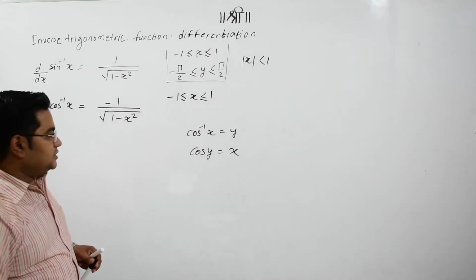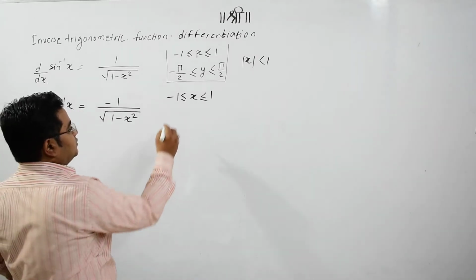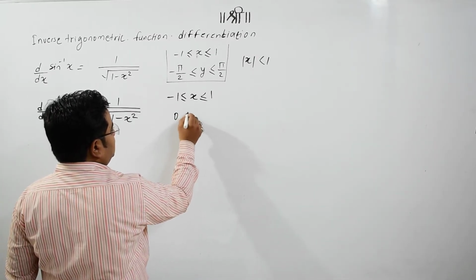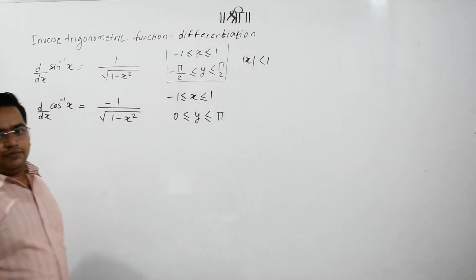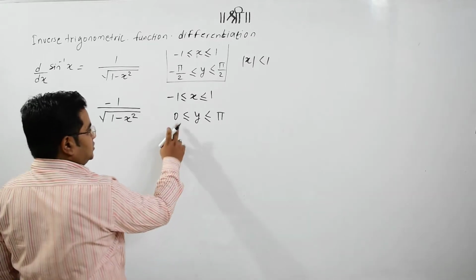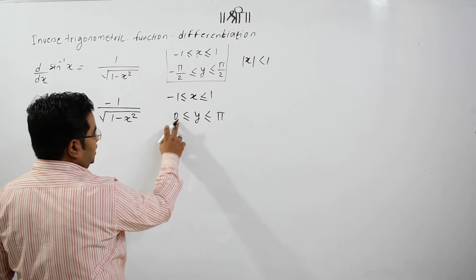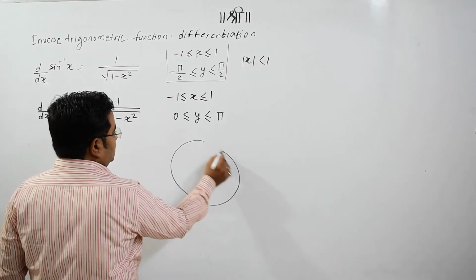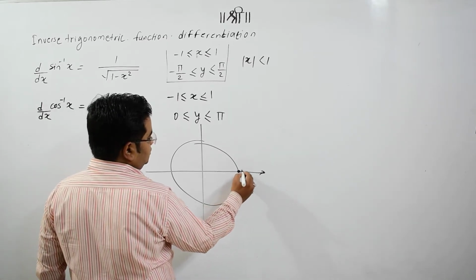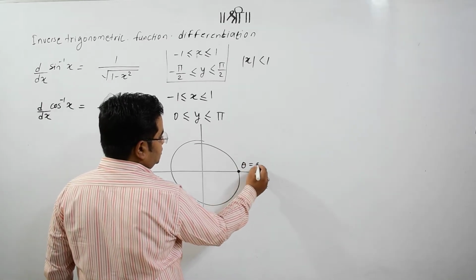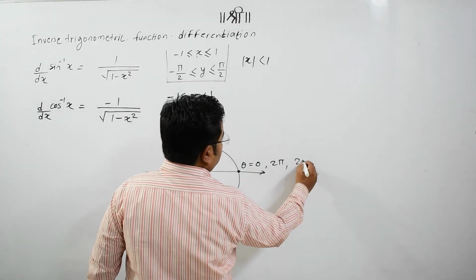Okay, so next step. Again, how are we choosing this y? 0 less than or equal to y less than or equal to pi. We know where the maximum value arises. This is the principal solution we are looking for. Within 360 degrees, angle theta is equal to 0 here, or 2 pi, or 2n pi.